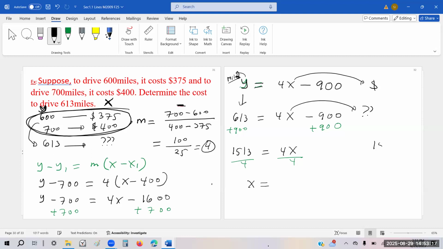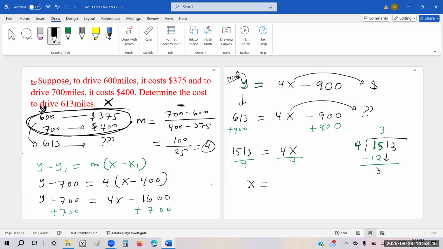So do you remember your manual division? If you're rusty, you have to refresh your memory. We have 4 and we have 15. 4 goes into 15 how many times? 3. 3 times 4 is 12, so we subtract. 15 minus 12 is 3.